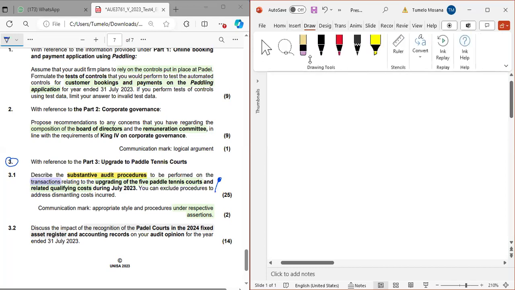we know that there are assertions for classes of transactions.